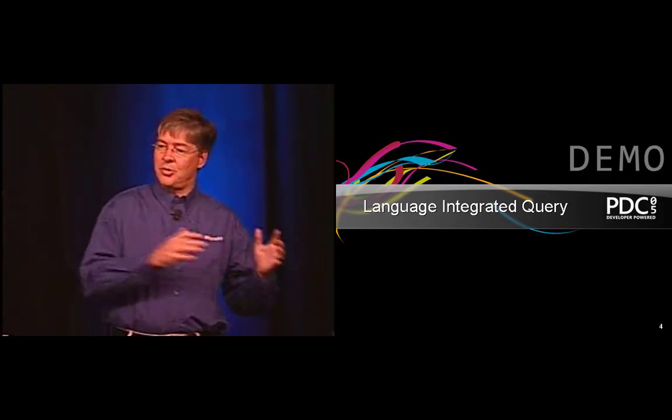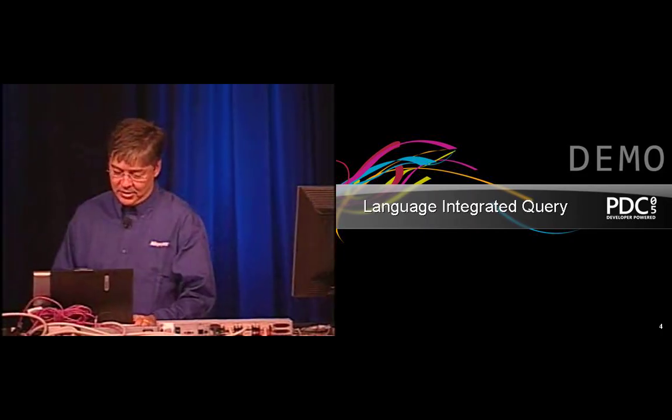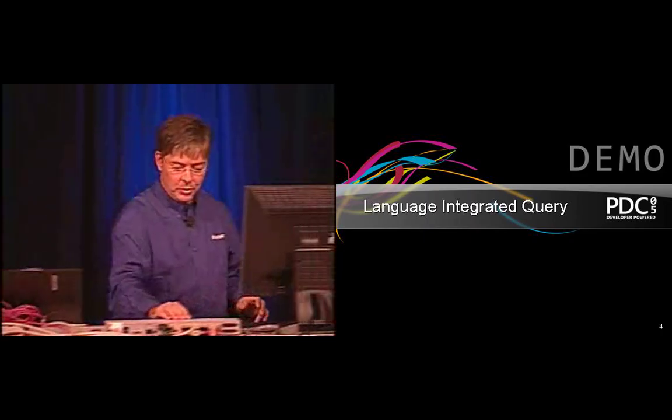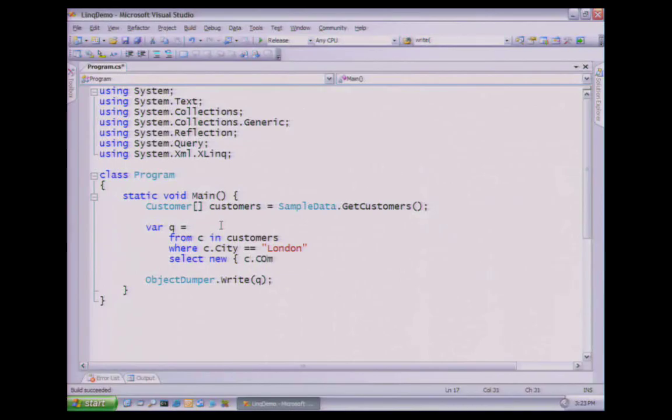I'm going to try and just recap a little bit about query and then get into the language extensions. But just for those of you who weren't here previously, language integrated query basically allows me to write queries like this, where I have an array of customers, and now I can say from C in customers where C.city equals London, select new C.companyName, C.phone.